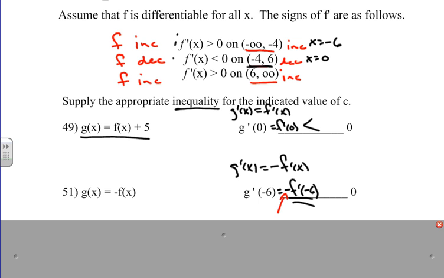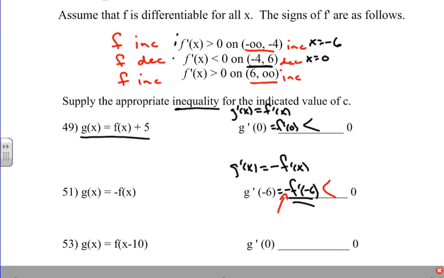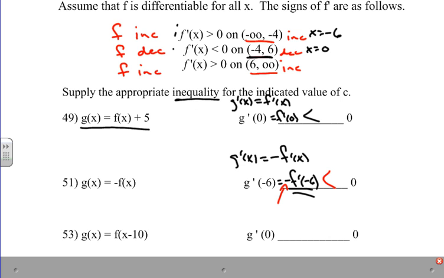Because we have that negative, the positive will turn into the opposite, so it would be less than 0. There we go. Hopefully you get it. Do we have another one? Let's go on. Okay, last one.